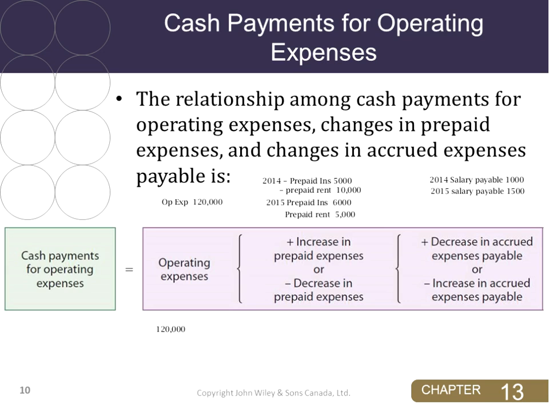If we look here, we have an increase in prepaid insurance and a decrease in prepaid rents. So we're going to add any increases in prepaids. So we're going to add the increase of $1,000 in prepaid insurance and subtract the $5,000 of prepaid rent.